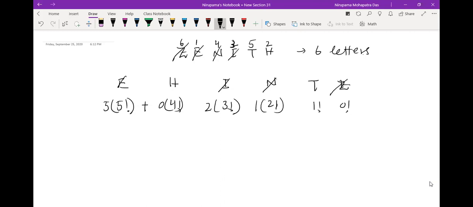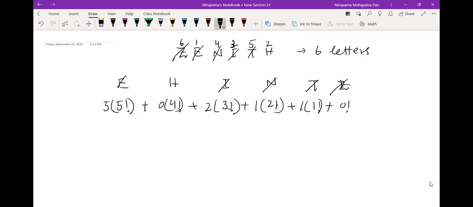Now here T: we have 1. Then we leave this H, the last one, and keep it like this. Now add all these quantities.